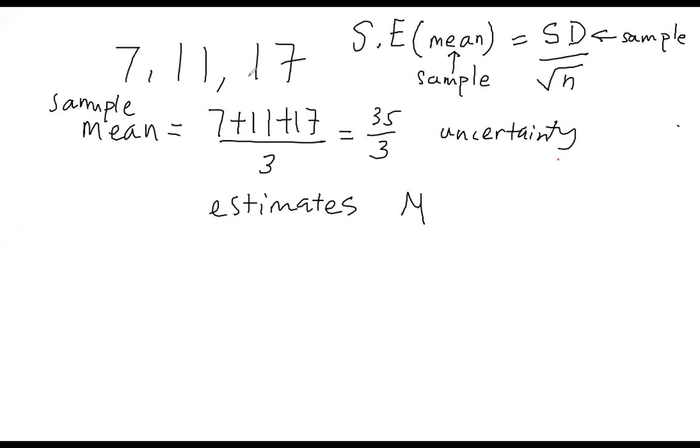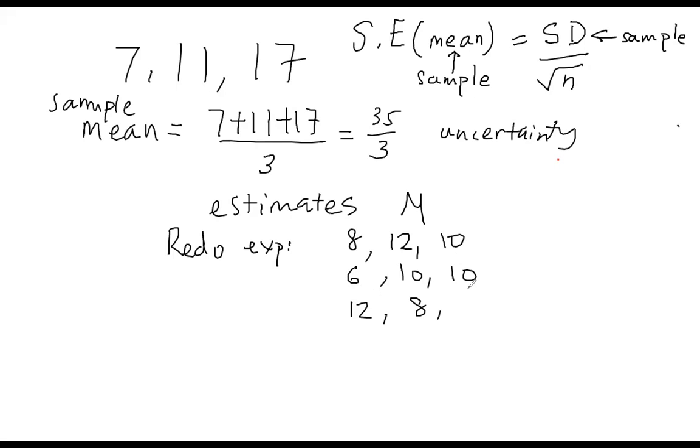Every time you redo the experiment, you may get something like 8, 12, 10, and then another time 6, 10, 10, and then maybe 12, 8, 6.